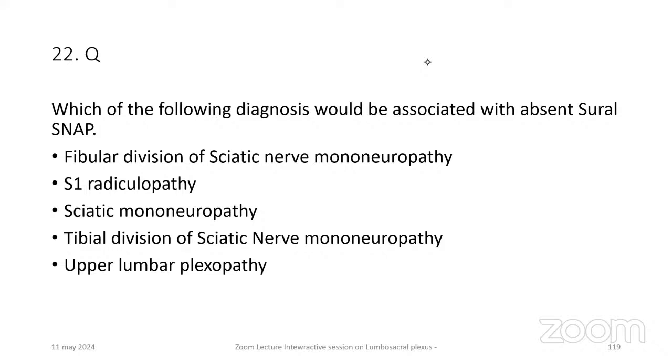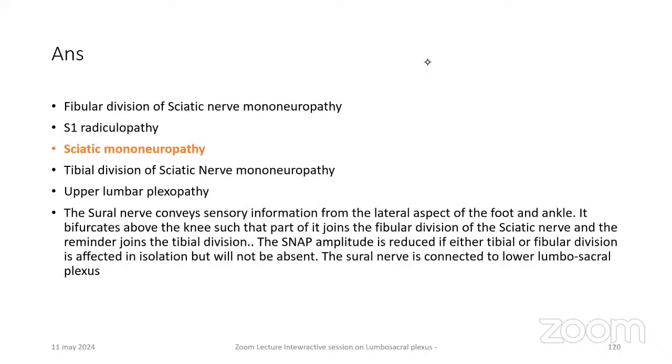Tibial division of the sciatic nerve mononeuropathy. Why? Means the sural nerve is a branch from the tibial division only. No, both contribute to supply it, and when it enters the sciatic, it gets fibers from both fibular as well as tibial, right? That is sciatic mononeuropathy.